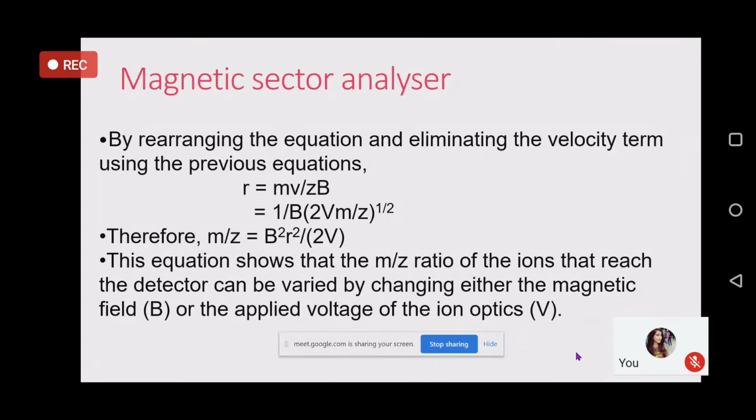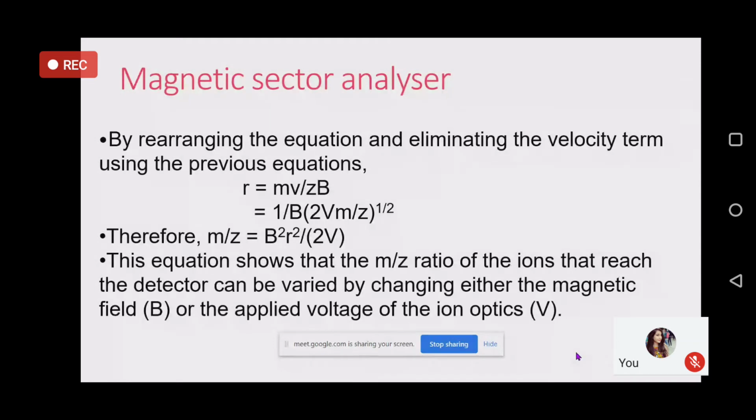So ultimately, when you substitute, what I'm interested in is the M by Z value, and you can write in your notebooks the basic equations: the equation for r, and the equation 1/2 m v square equal to V into e.